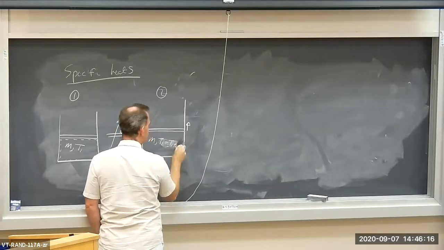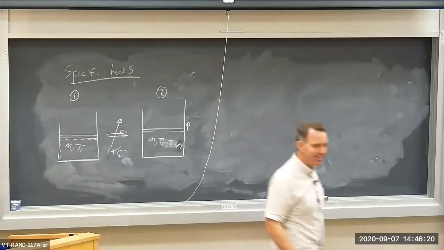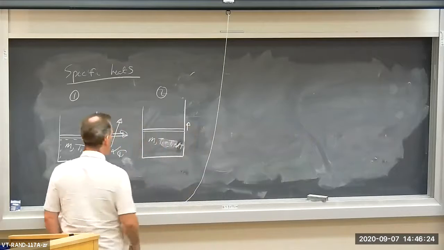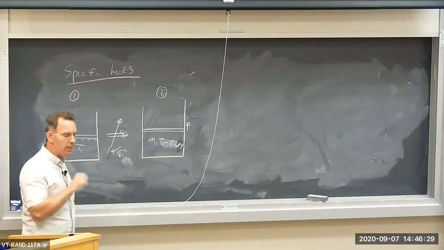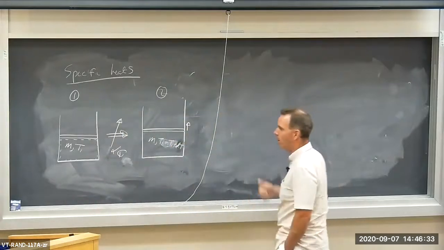So I add an infinitesimal amount of heat, del Q, and it warms up the system by an amount dT. Small heat transfer results in a small temperature rise.